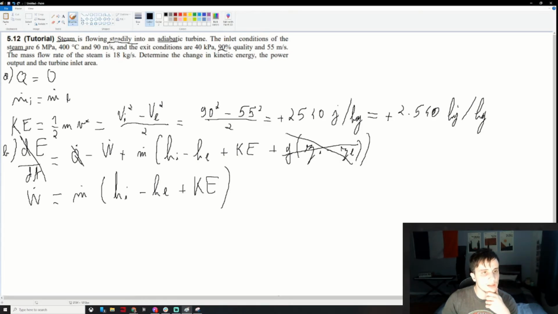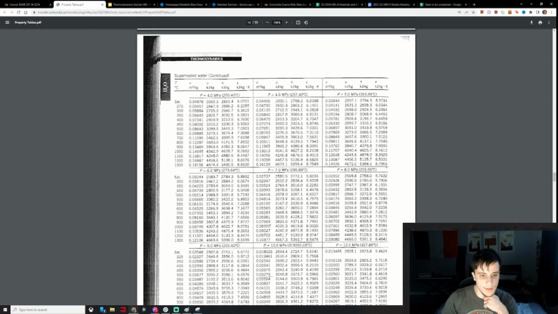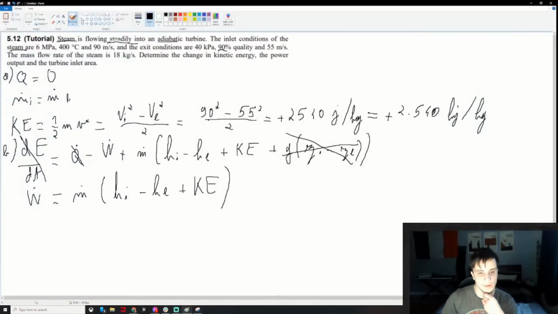It was the inlet area that we don't know. So yeah, we're going to take the inlet specific volume. We know the mass flow rate at the inlet, and we know the velocity at the inlet, and with all those values, we're going to be able to answer the last part of the exercise, which was the inlet area. So let's go ahead and do that.